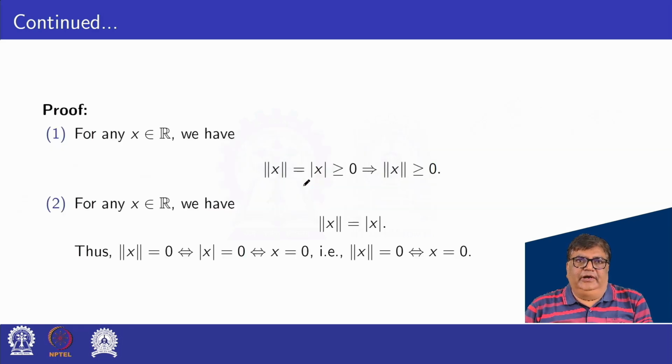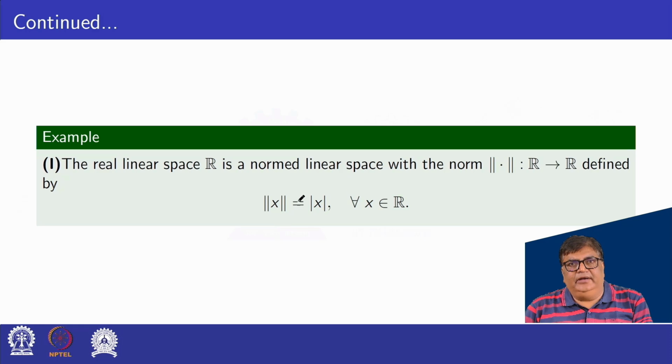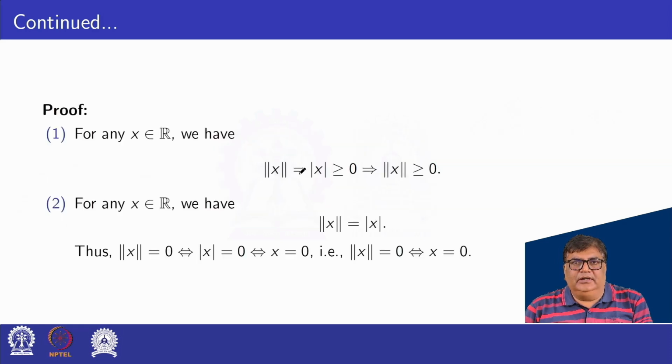So let us check the properties of the norm one by one. For any x belonging to R, ‖x‖ is defined by |x|, and we know that |x| is always greater than or equal to 0. Hence ‖x‖ is greater than or equal to 0. The first condition is satisfied.